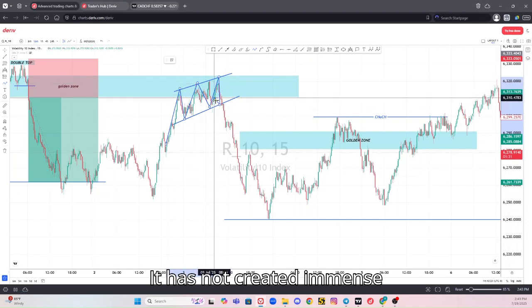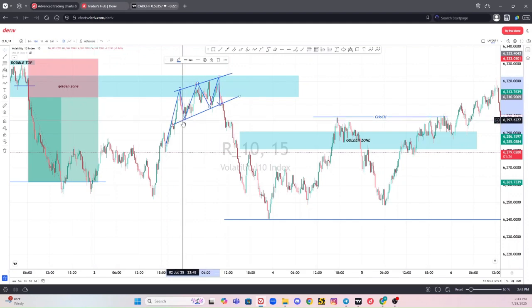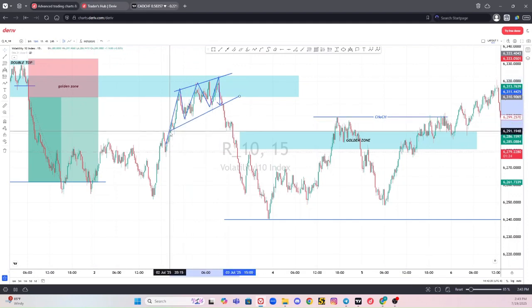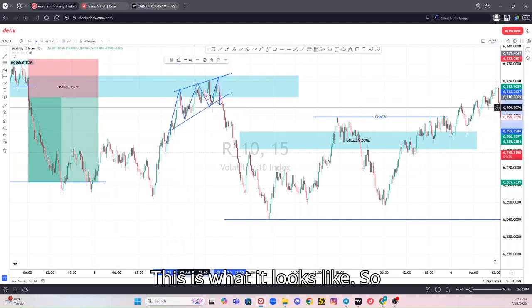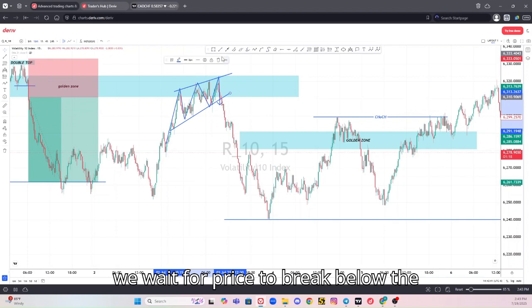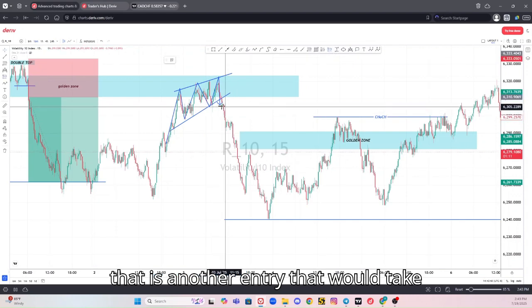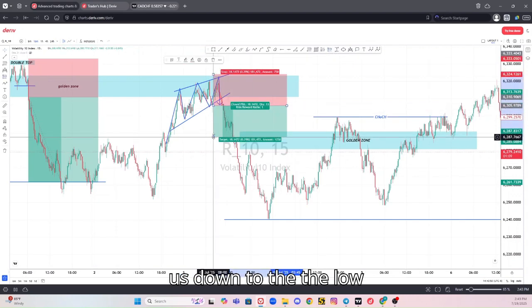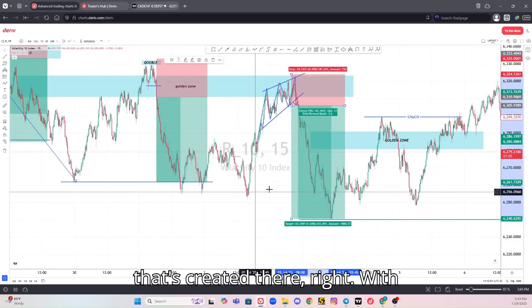It has not created immense highs in this area. And just the same with the lows here, this is what it looks like. So we wait for price to break below the last low that was created there, and that is another entry that would take us down to the low that's created there, right?